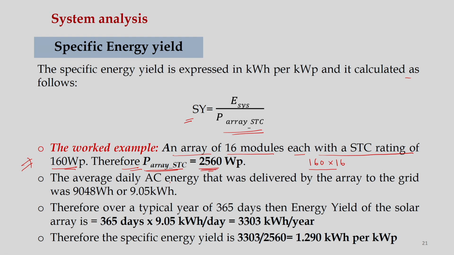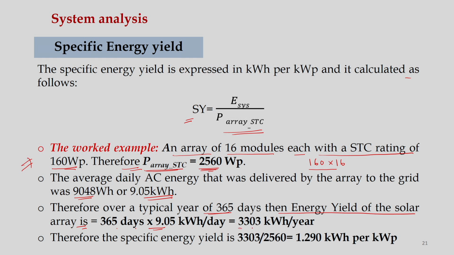So, the average daily AC energy that was delivered by the array to the grid was 9048 watt hour, that is 9.05 kilowatt hour, right. Over a typical year of 365 days, the energy yield of the solar array will be 365 multiplied by 9.05.